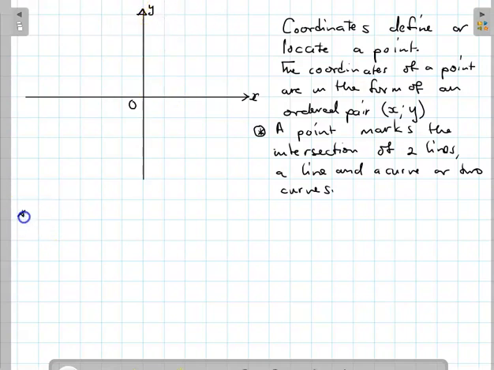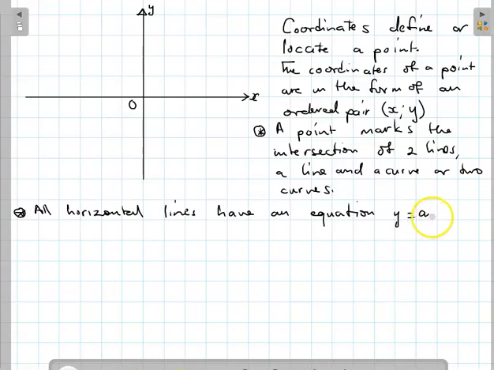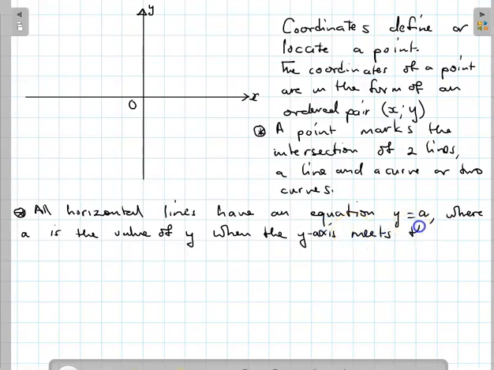Now, we are going to talk about vertical and horizontal lines for now. So what you need to understand is all horizontal lines have an equation y equals a, where a is the value of y where the y-axis meets the line.